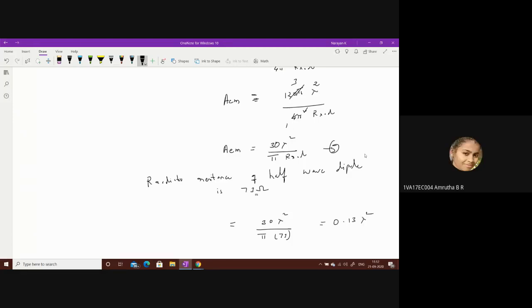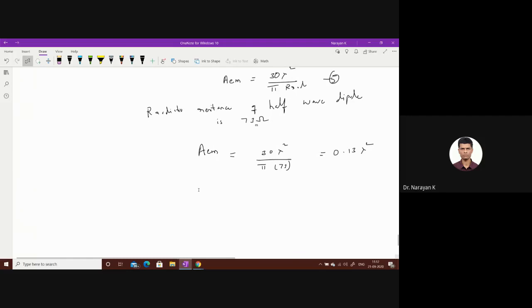So the maximum effective aperture of a lambda by 2 dipole is 0.13 lambda square.